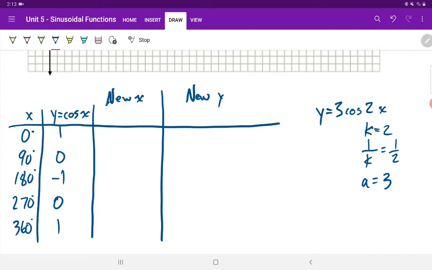So it's going to be 1/2 times x, all my x values here. Instead of using 1 over 2, I'll just use 0.5 times x, make it a little bit easier. So 0.5 times 0, 0. 0.5 times 90, 45, and fill in the rest.